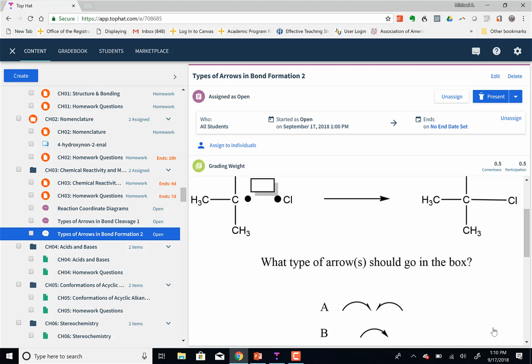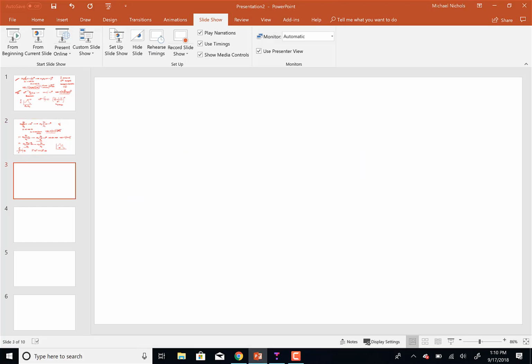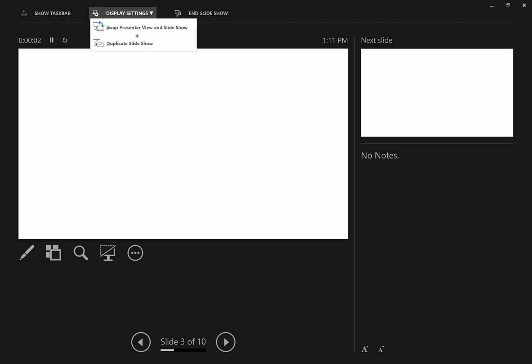All right, do you have any questions about chapter 3 stuff? Then let's start with looking at a couple of mechanisms.